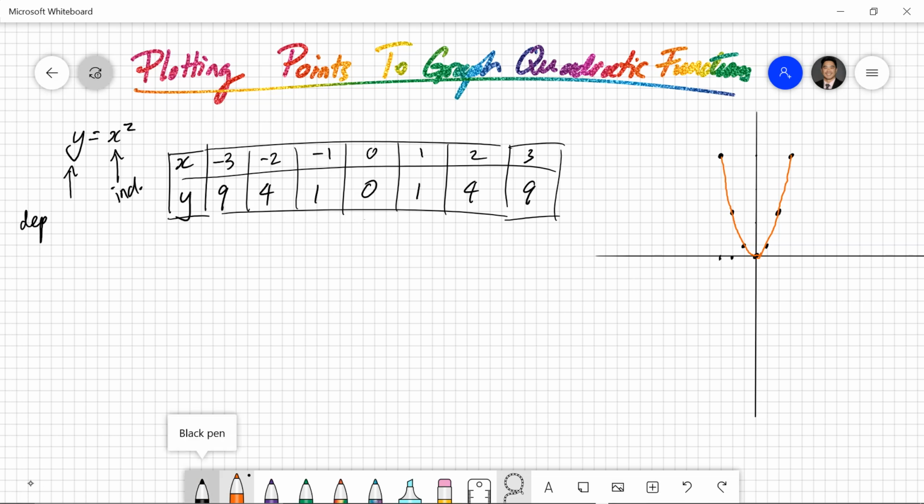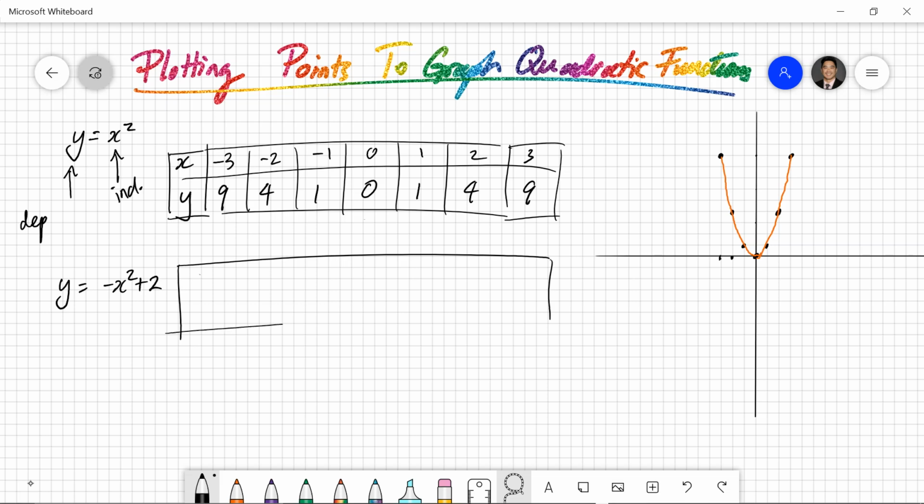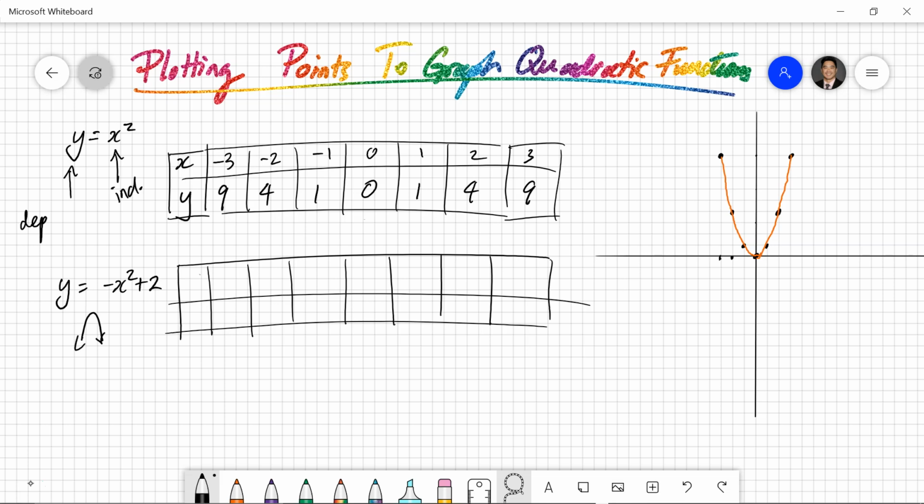If we moved on to something else, let's say y is equal to -x squared plus 2, we can see already that the -x squared implies it's going to be an inverted parabola. And we have a +2, which means, well, we'll soon find out.